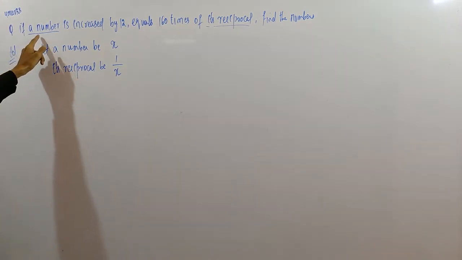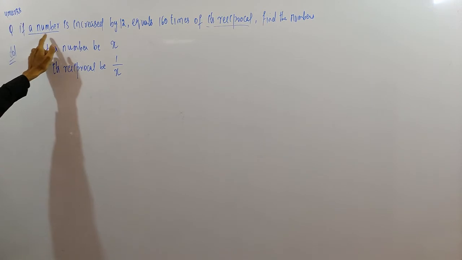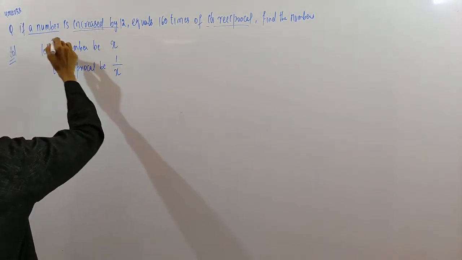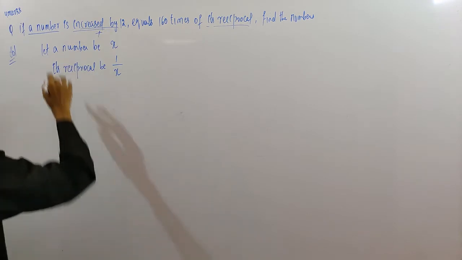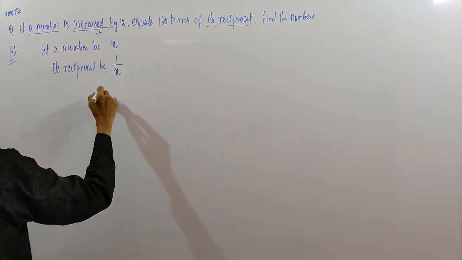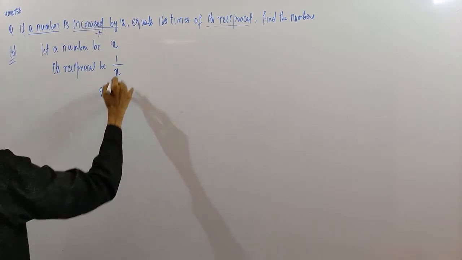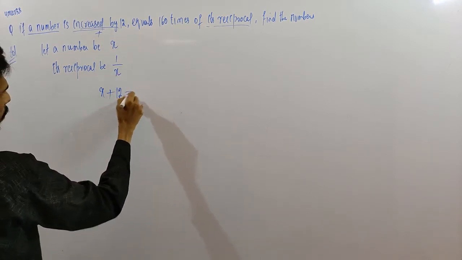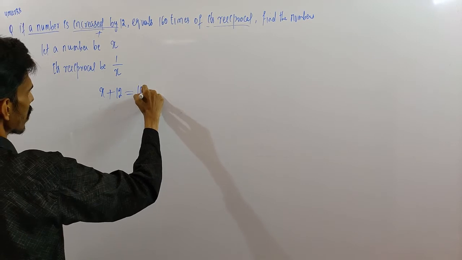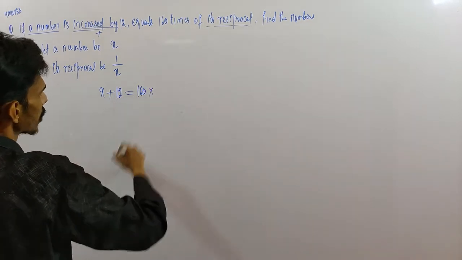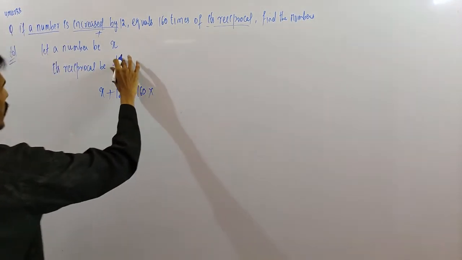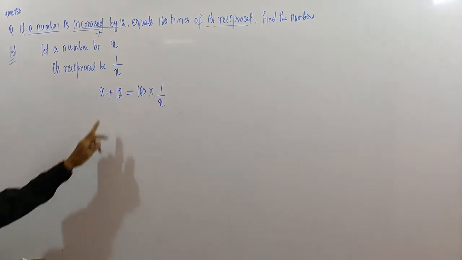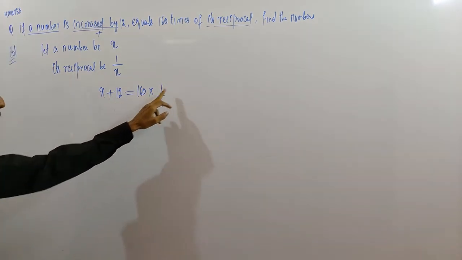So what is given by this statement? A number is increased by means addition. So x increased by means plus 12 equals 160 times, means multiplication, its reciprocal 1 by x. So we have x + 12 = 160 × 1/x.